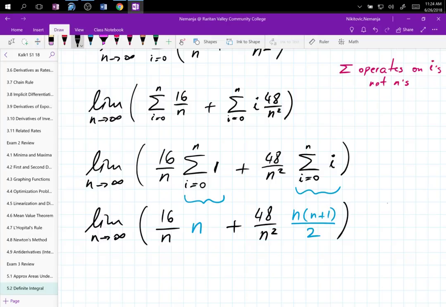Now, these formulas that convert a summation of a constant into n, and a summation of i, and also the summations for i squared and i cubed, those four formulas are in your textbook.